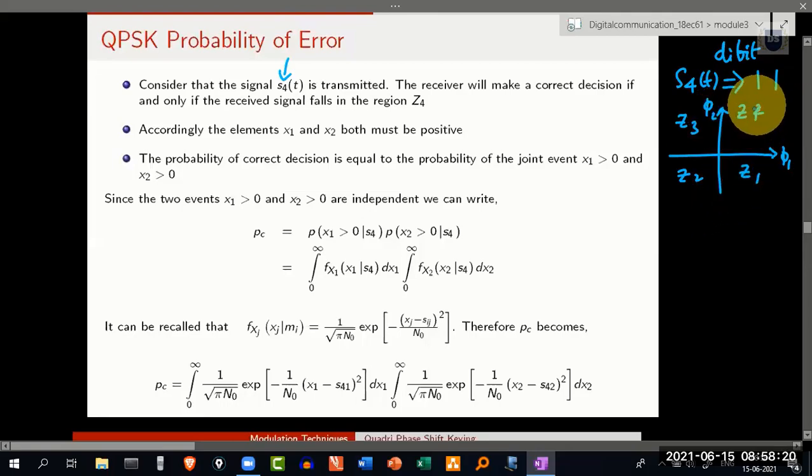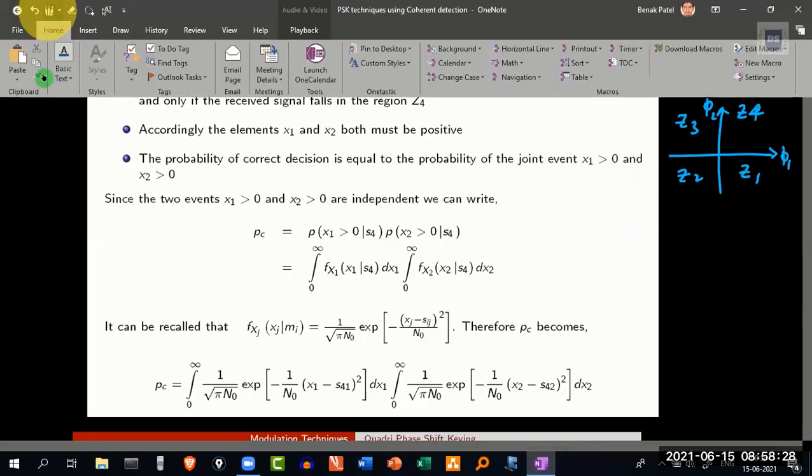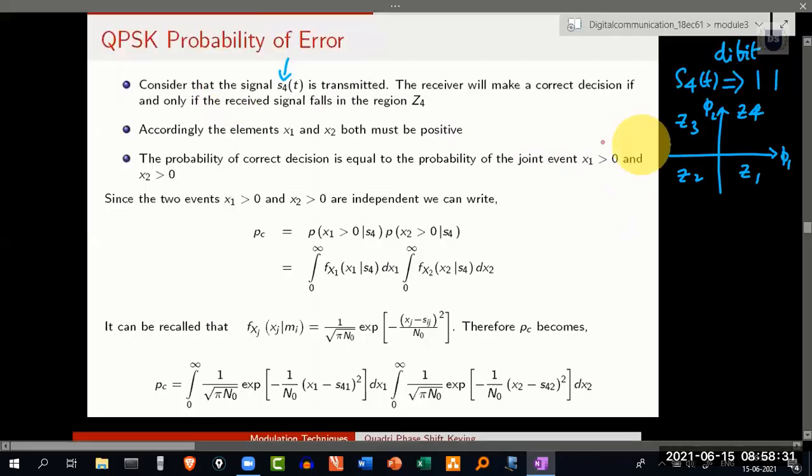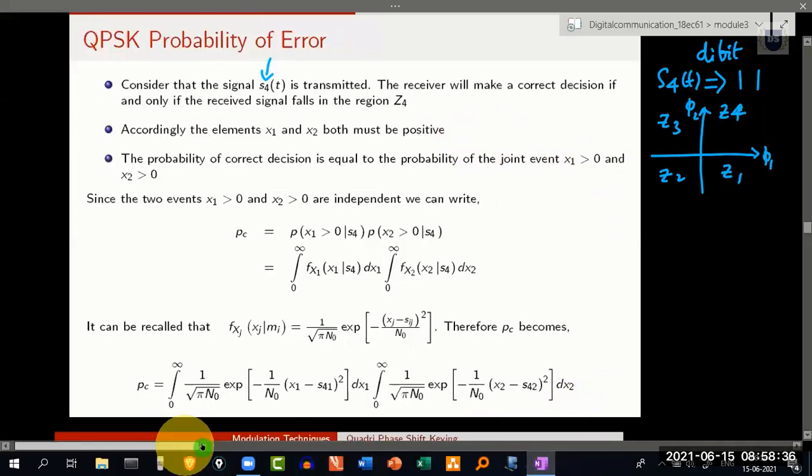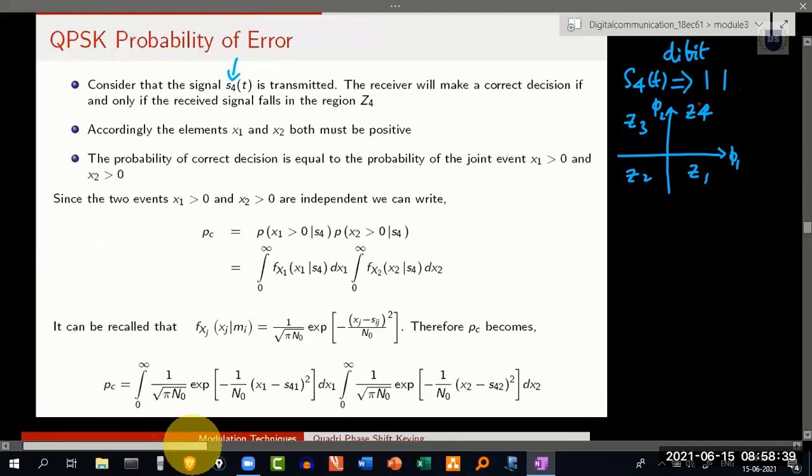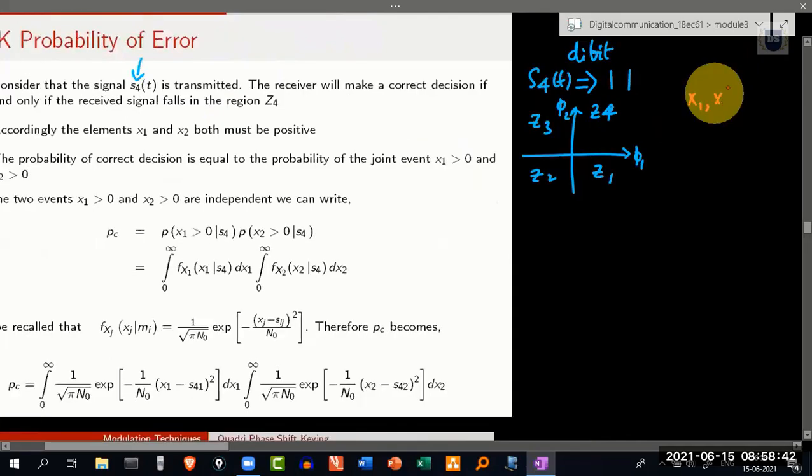So all I'm trying to do is consider only the regions of our constellation diagram. Here we can have correct decoding by the receiver only if our observed point, which comprises 2 points x1 of t and x2 of t, falls in this region. For x1 I have to move a distance along phi 1, and for x2 I have to move along the phi 2 direction.